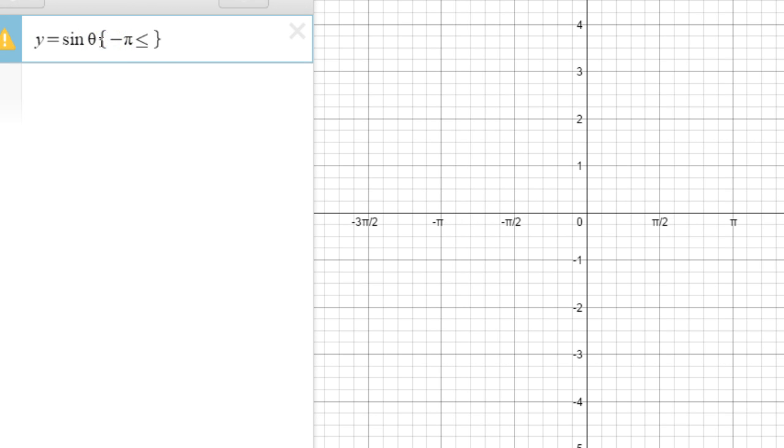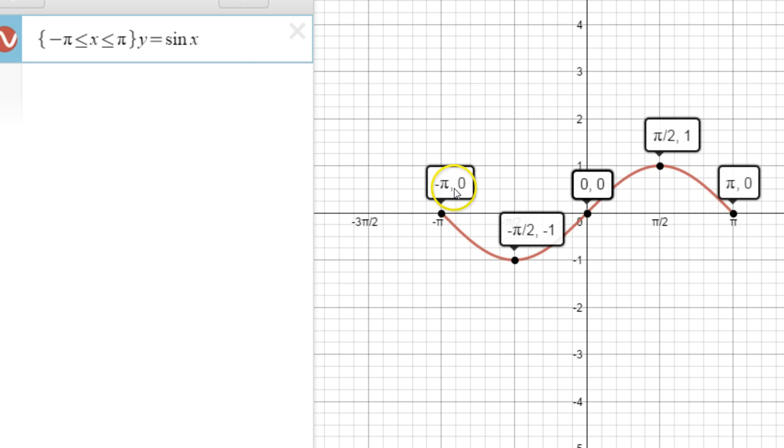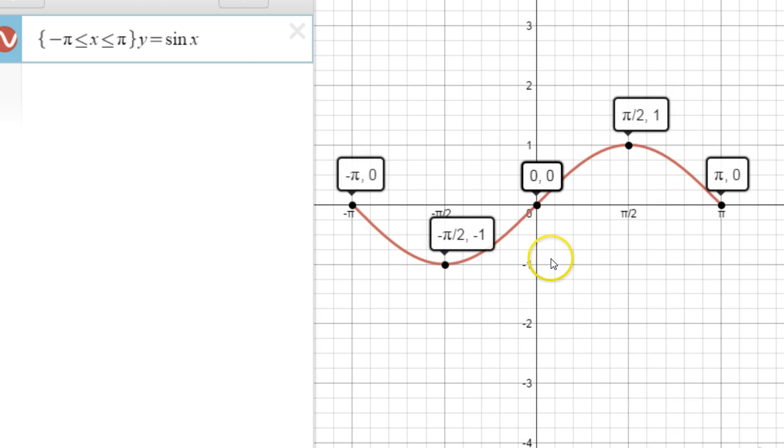Now let's just make this an x, which is less than or equal to pi. Let's get rid of this, move it over. There we go. So we'll just look at this portion for right now.